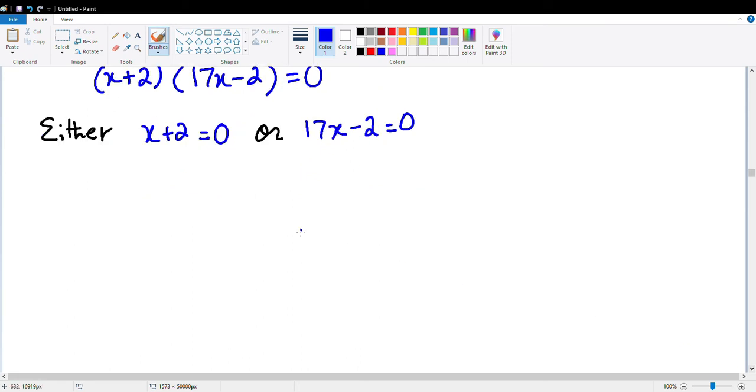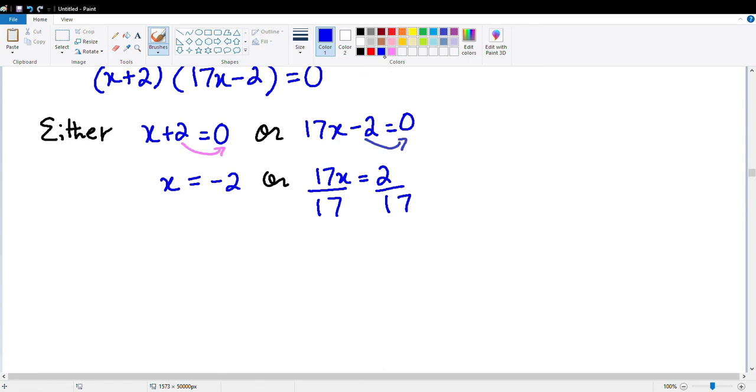Now, solving this, we'll get x equals, taking plus 2 to the other side, we'll get minus 2. Or we can take minus 2 to the other side, and we'll get 17x equals 2. And then we can divide on both sides by 17, or take 17 to the other side, whichever way you understand better.